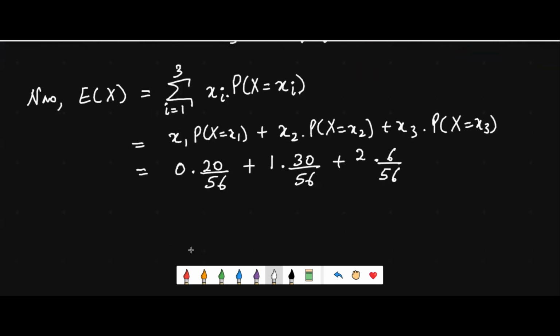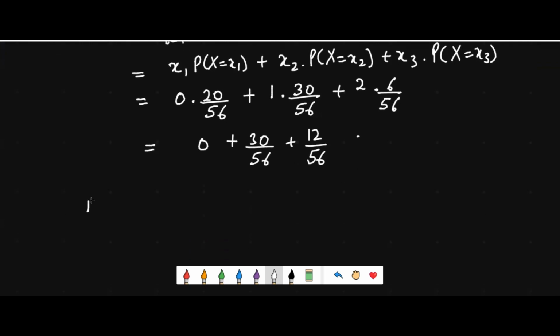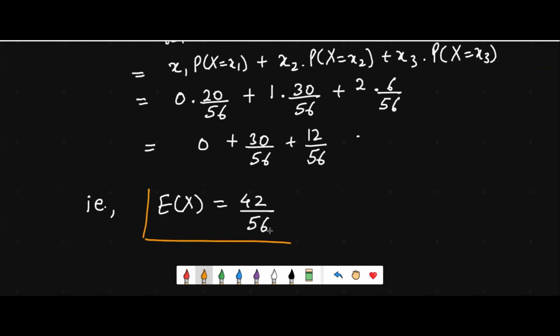So here we will get the final answer as 42 upon 56. So this is the final answer, and this is how we can find out the expectation.